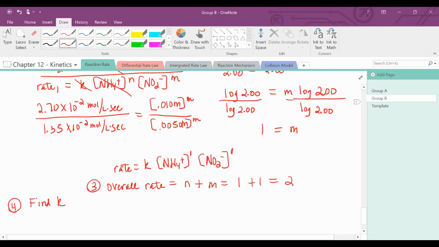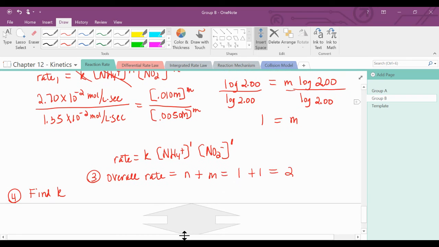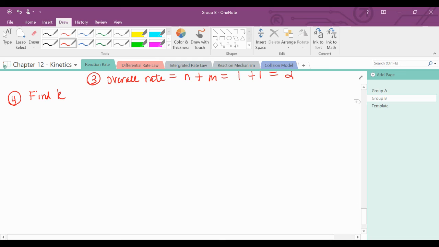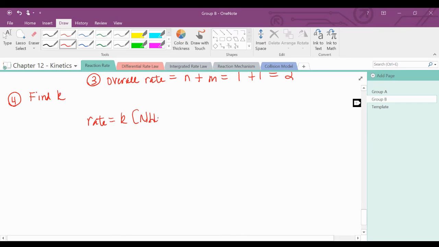And you can use any of the trials that you would like to find k. I'm going to use the data from trial number 1. So I'm simply going to plug in our data from trial 1 into my expression.